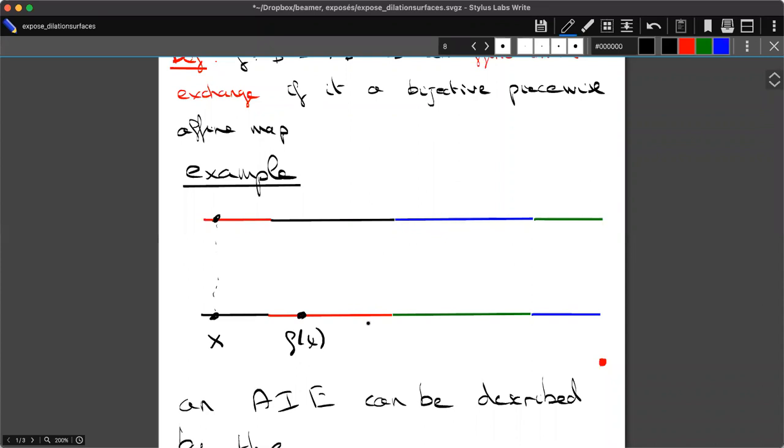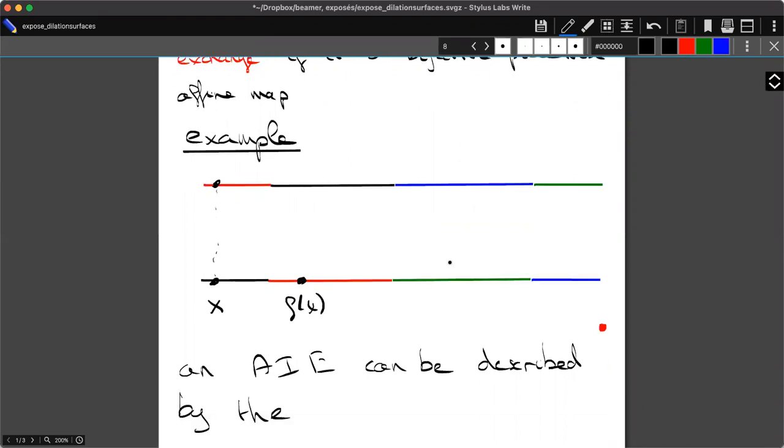I start from the bottom, I look at what's the color and the interval on the top, and I stretch or dilate it to the bottom one again to recover the value of the application F. I could have drawn the graph of the function as well, but it's just the way I want to think of them from now on. If it's clear, I continue.